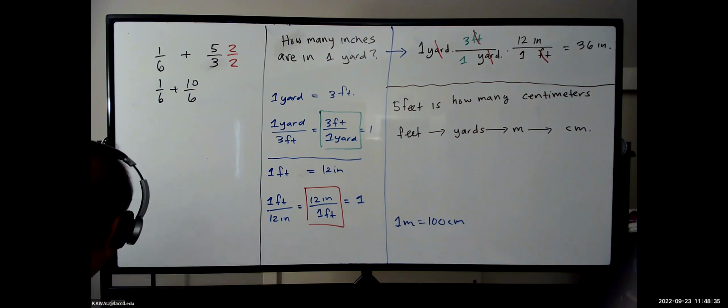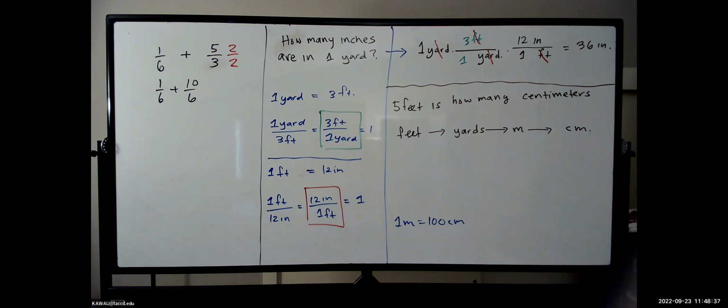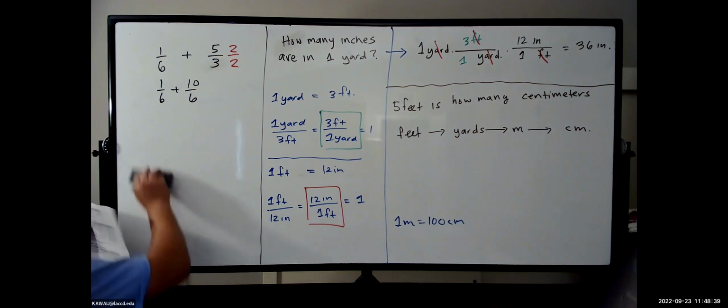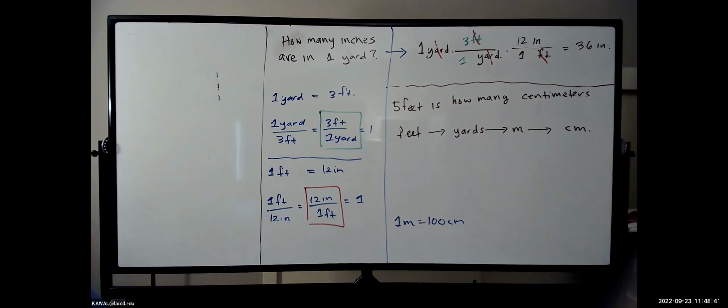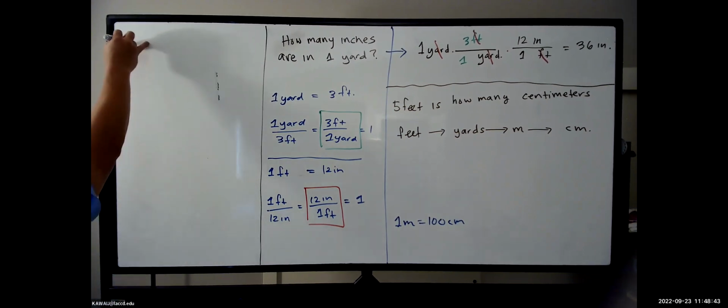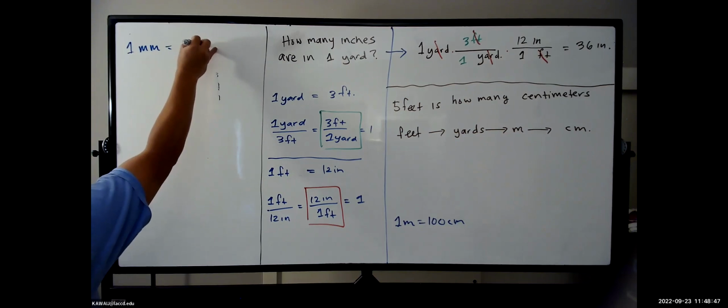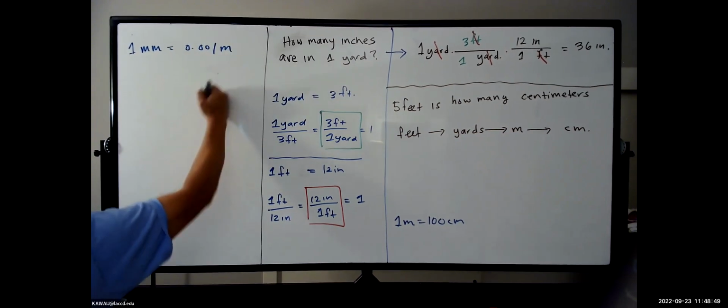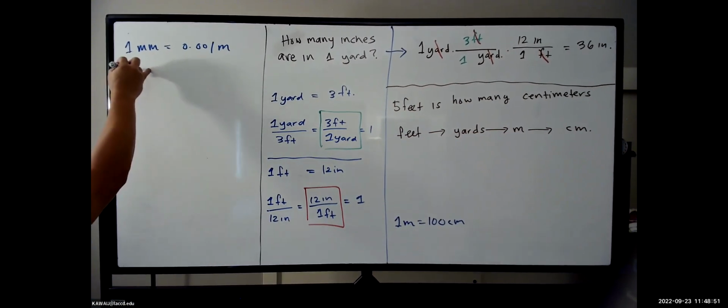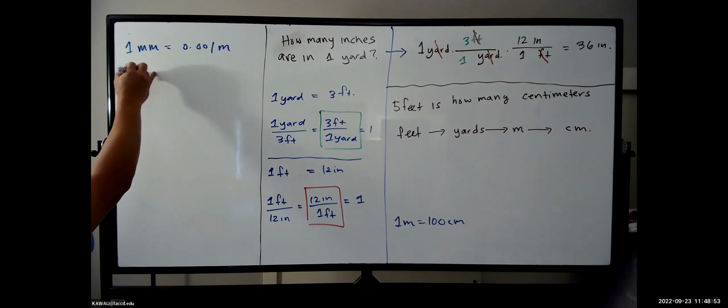Oh, so you're asking a really good question. In terms of this chart, it says like 1 millimeter is equal to 0.001 meter. I don't like using that. This is the only thing I don't like about the chart.